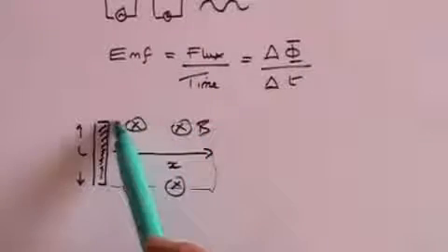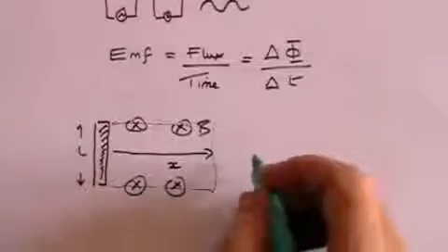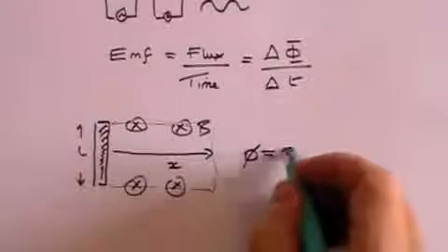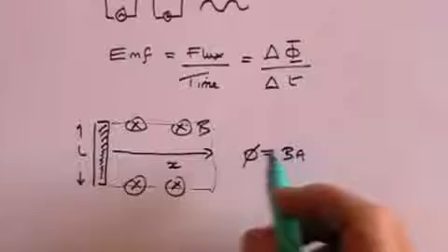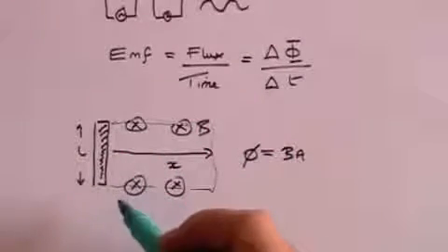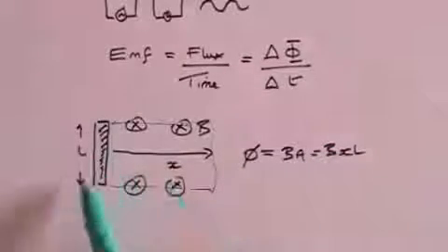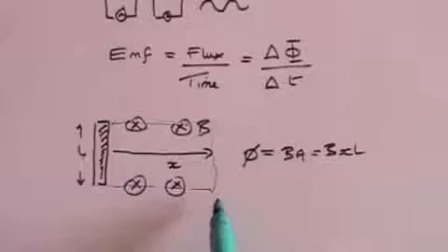Well, the flux we know is equal to the magnetic field times the area. So the flux equals BA, where B is the magnetic field and A is the area that it's travelling through. But that's the same as B x times L, because L times x is the area.